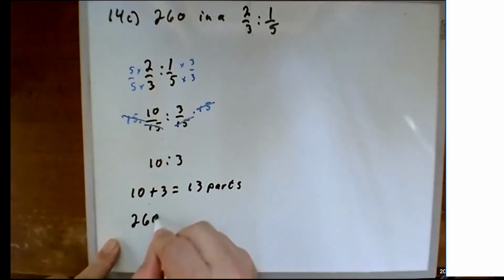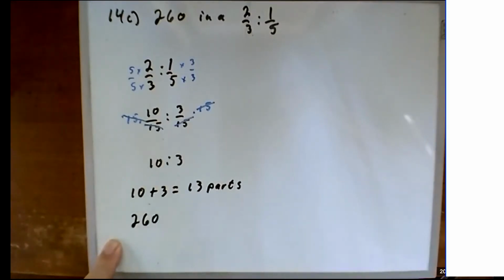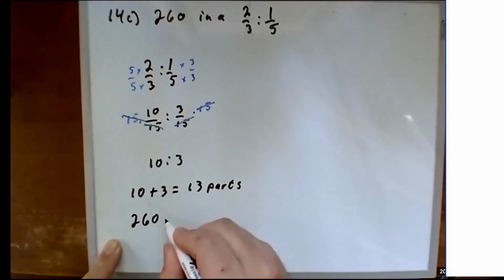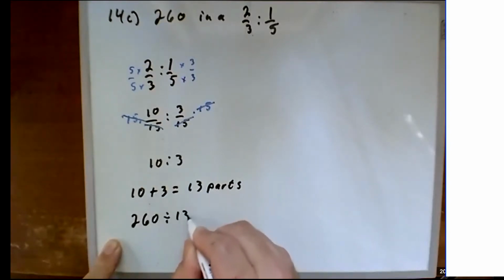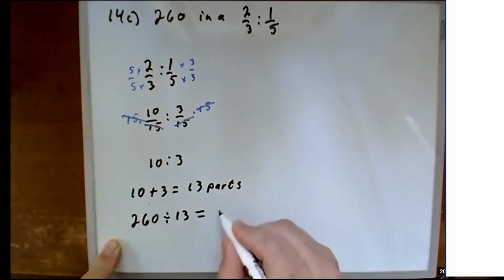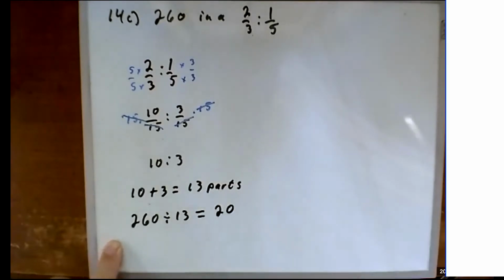I then take my original number, which is 260. I'm going to divide it by the 13 parts that are there, and it tells me that each part is worth 20.